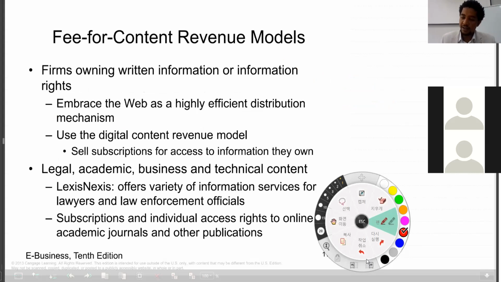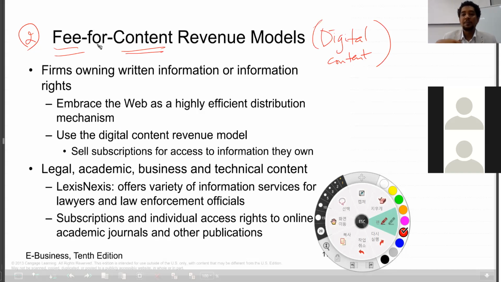Okay, the other model, so number 1 model is the web catalog, and the other model is the fee for content revenue model. The name for this one is also the digital content revenue model, or fee for content.